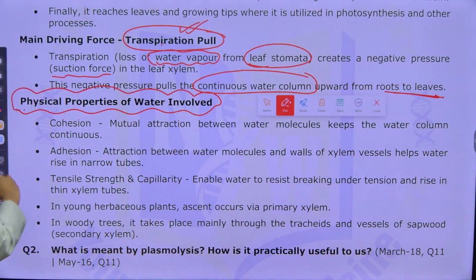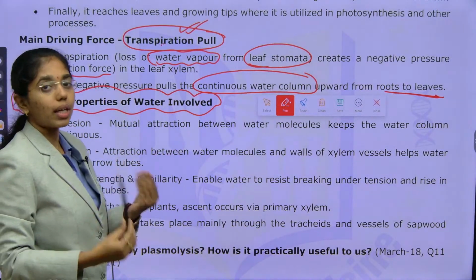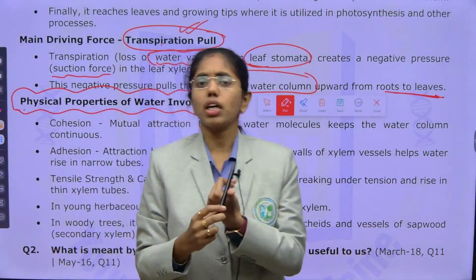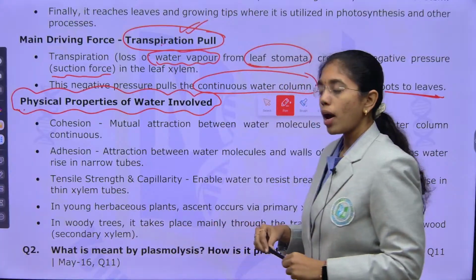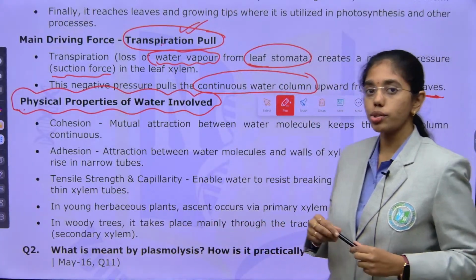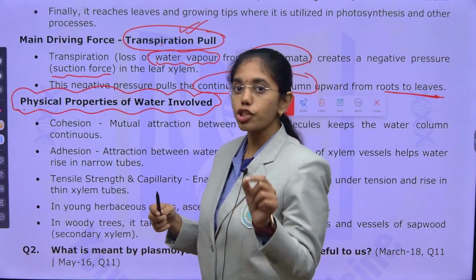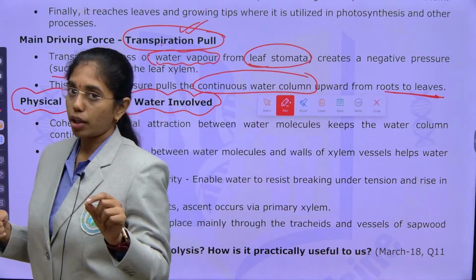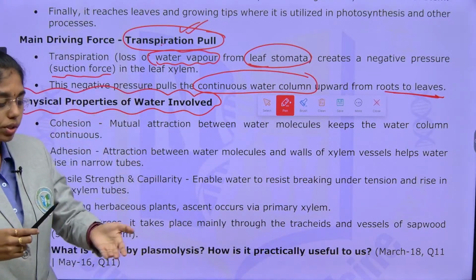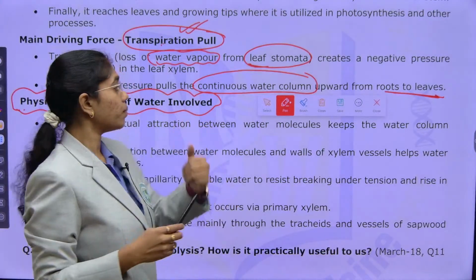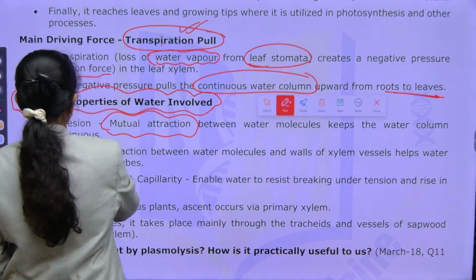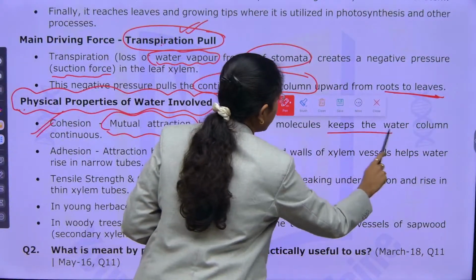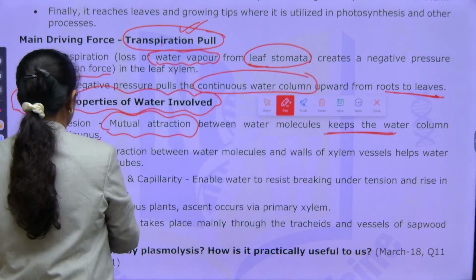Next is physical properties of water. What are the physical properties of water that support the ascent of sap? The main physical properties are cohesion and adhesion. What is cohesion? Cohesion is nothing but mutual attraction between water molecules, which keeps the water column continuous.